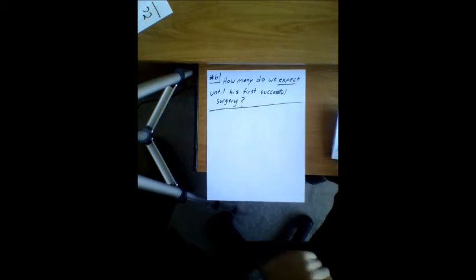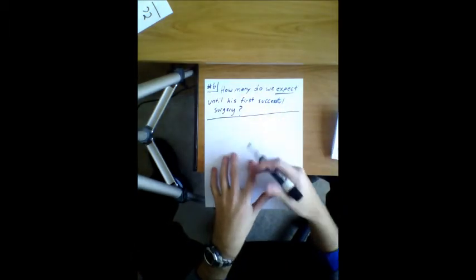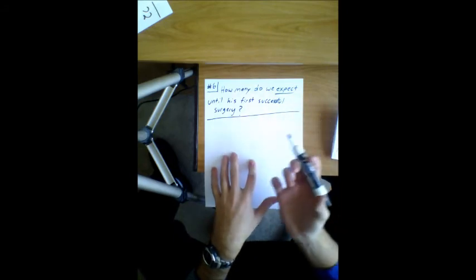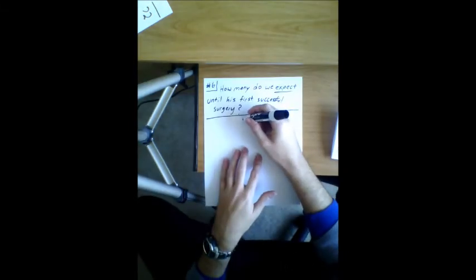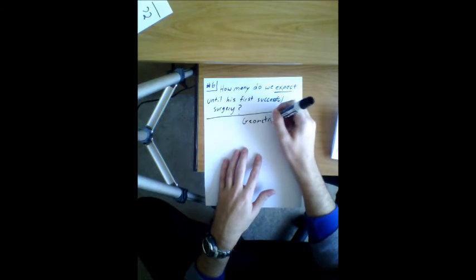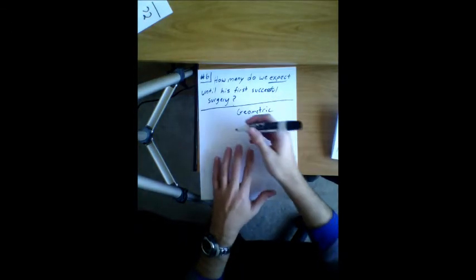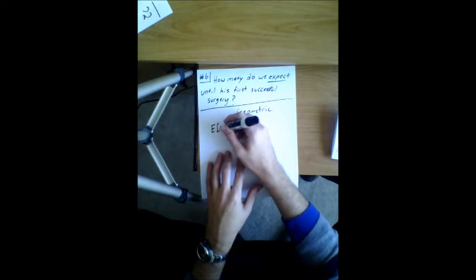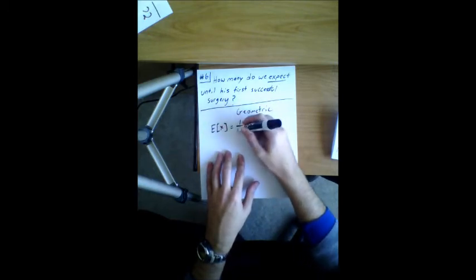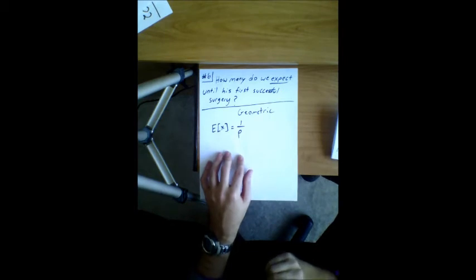So a continuation of this surgeon problem, we have a couple of them, is we're asked how many patients do we expect to go through until we have this first successful surgery. We just found the probability that the 4th patient is the first success. We can do this for a lot of them, but we want to know the expected value. So this is still geometric, because we're still looking for the first success. And if you remember, the expected value of this thing is just 1 divided by P, where P is the probability of the success.